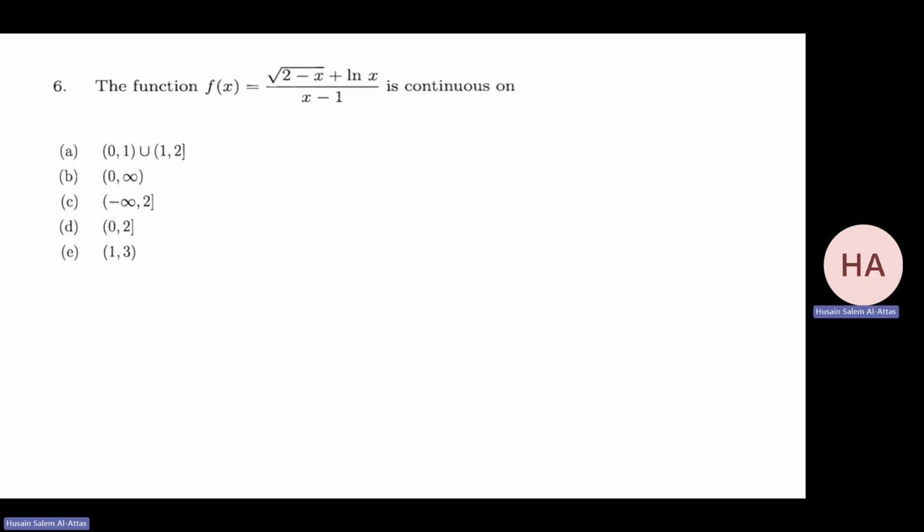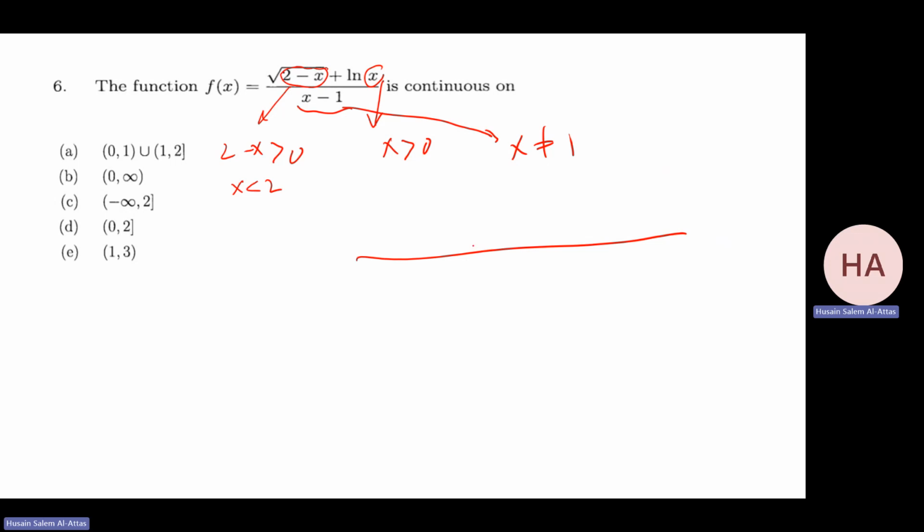This one, when it is continuous, I need 2 minus x positive. These things give me x positive. These things give me x not equal to 1. I'll combine all of these things in one. So that means x less than 2. This is greater than or equal, this has an equality. Okay.